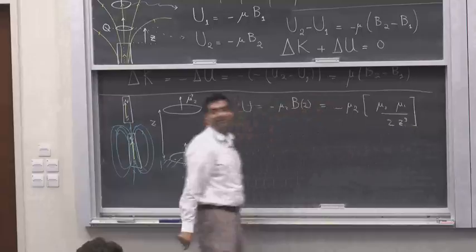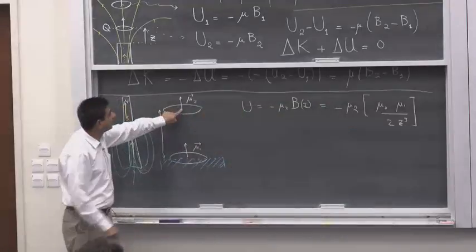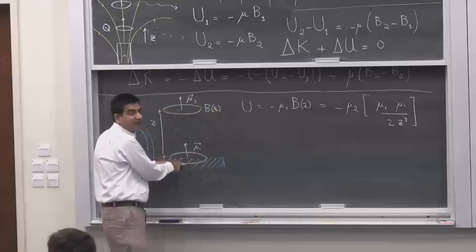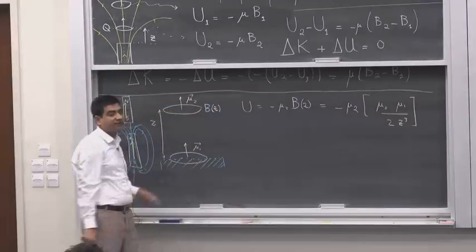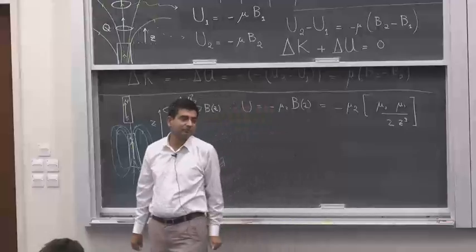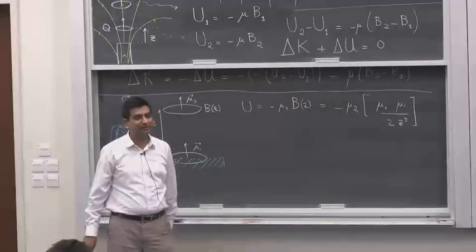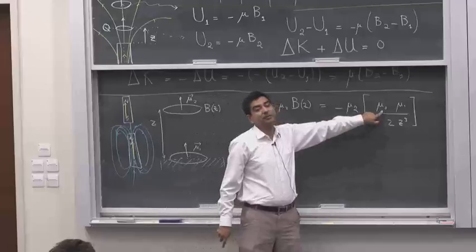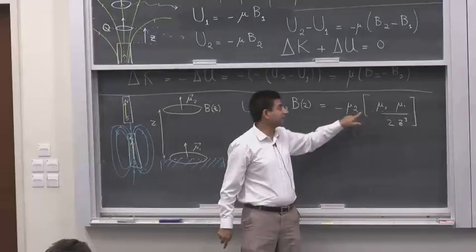So we know what the magnetic field B at this point z is due to this source. Now this is the source of the magnetic field. It's a dipole and its field varies as 1 over z cube. We calculated this in class. Now know that this mu naught is the permeability of free space, so don't confuse this with the magnetic moments.